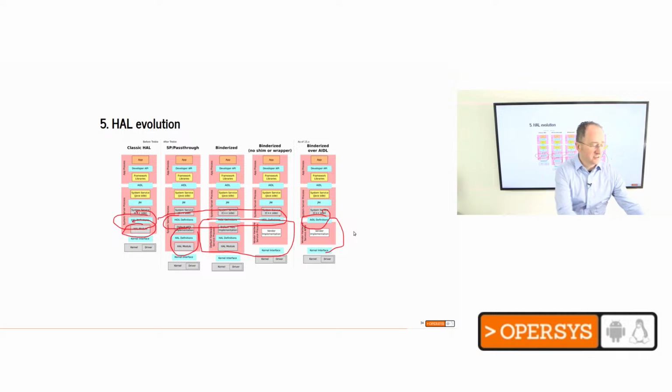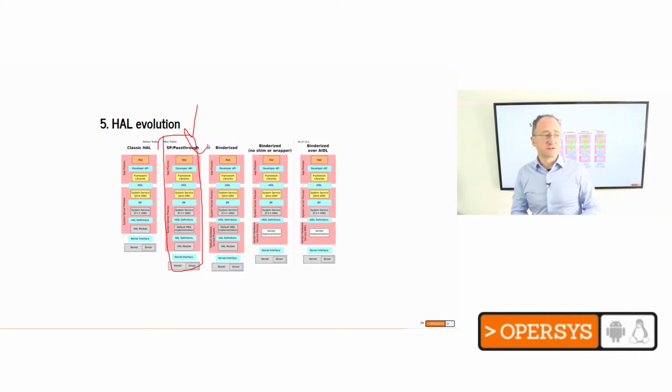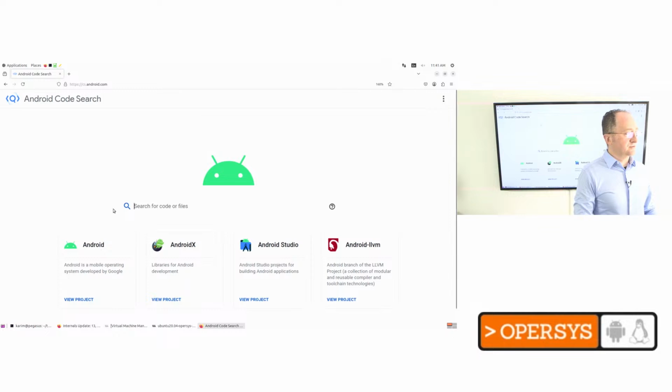Let me grab a version here of an old style 8.x HAL, and then show you how things are done today with the AIDL implementations of those things. So let's go grab something like 8.x, whatever that is.